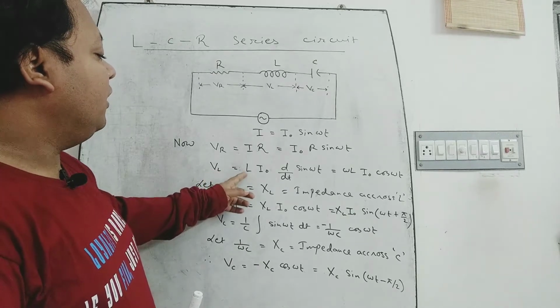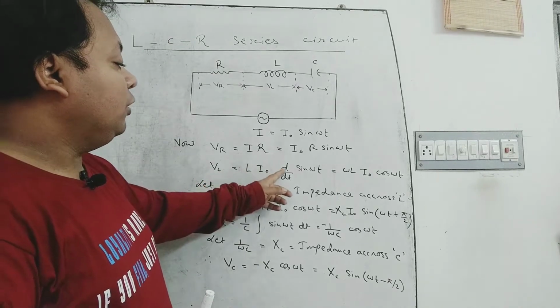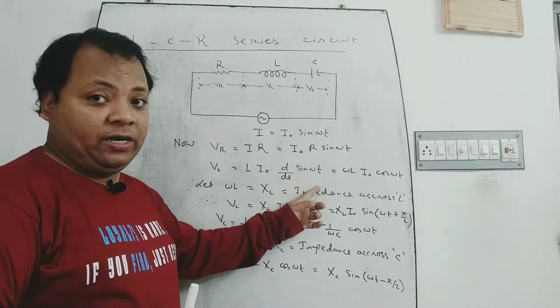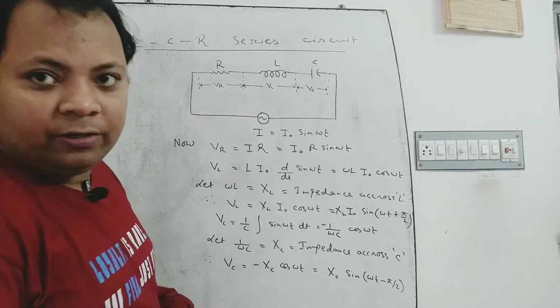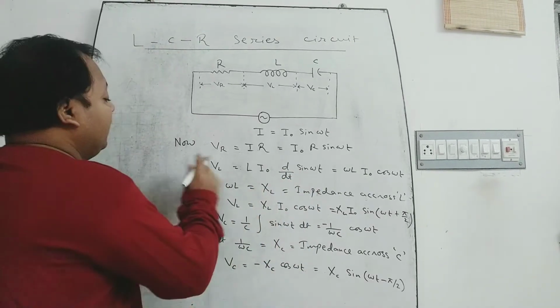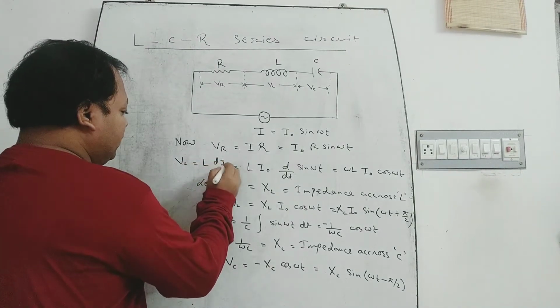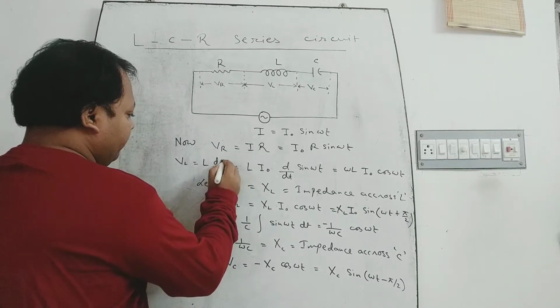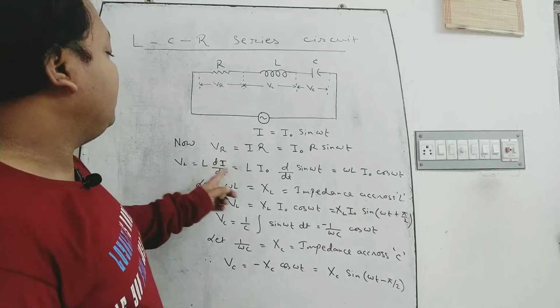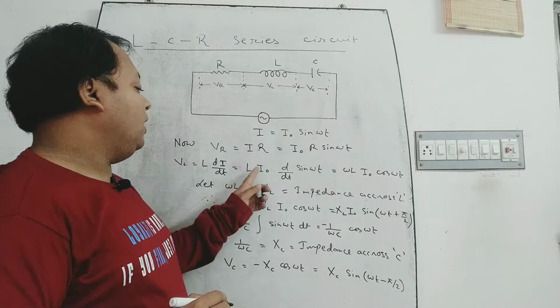VL is equal to L times the rate of change of current. That is VL is equal to L di/dt, the derivative of I with respect to time t.